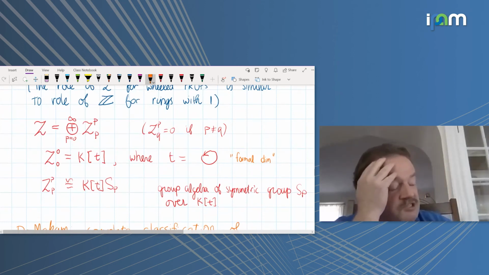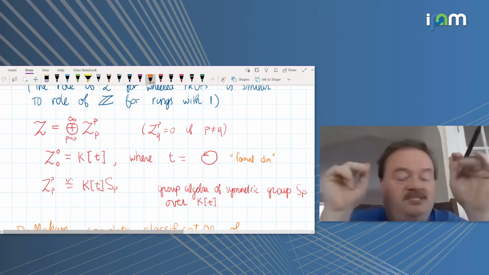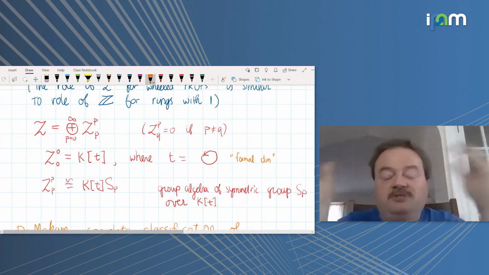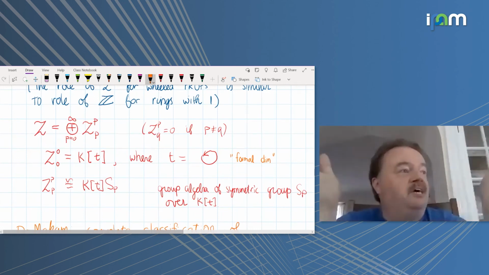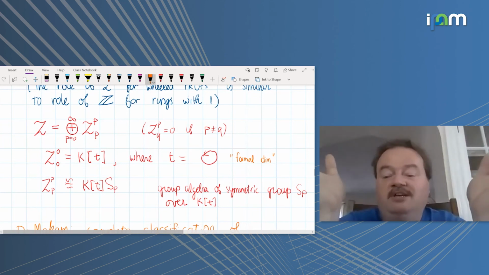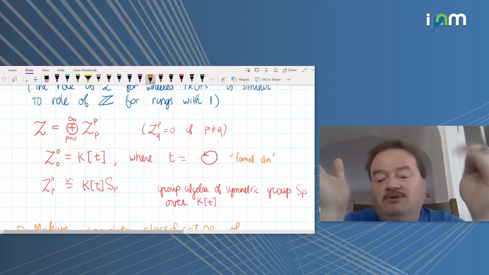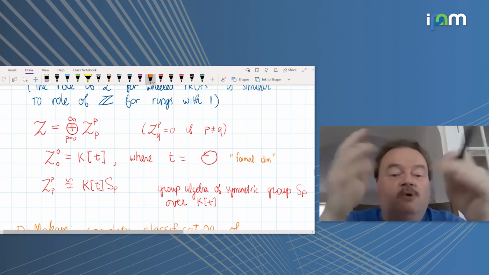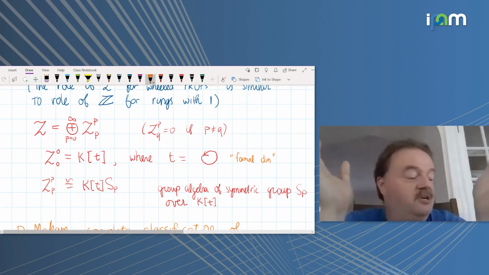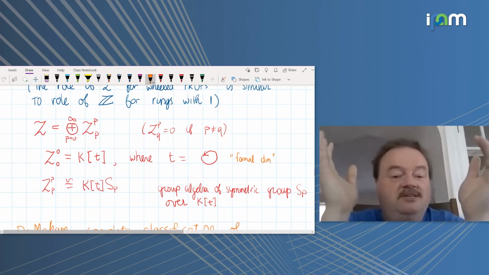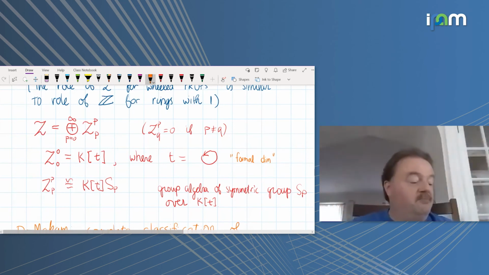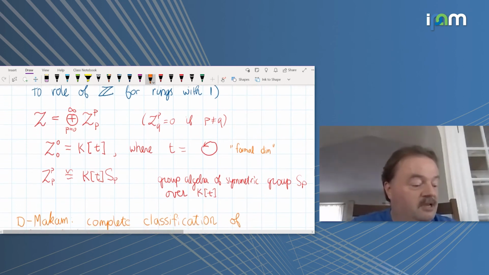Basically, this is the free real prop that's generated by no tensors. But I say no tensors, though you always have one tensor, namely the identity tensor. So what are all the tensors that you can make with just the identity? Well, you can do a contraction, then you get a loop.